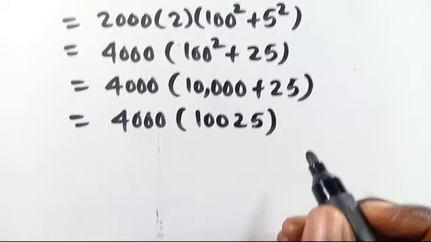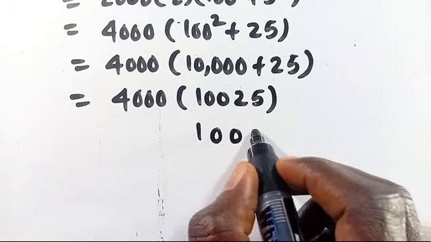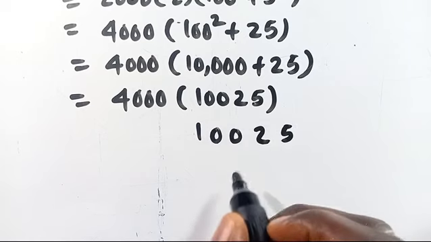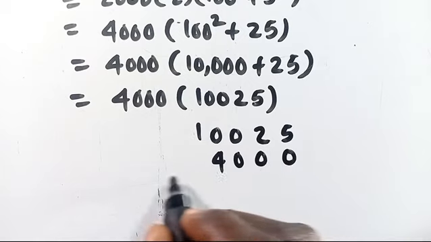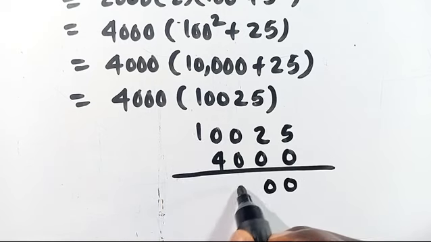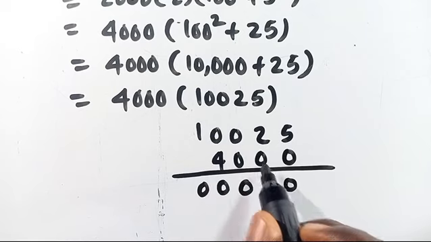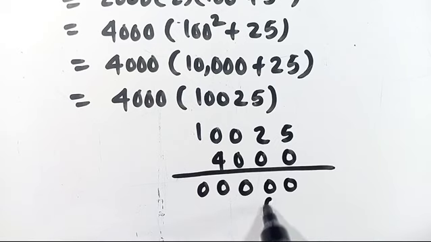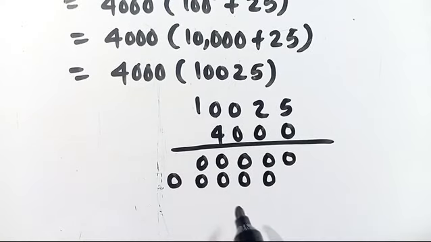Now let us multiply this. We are given 10025 multiplied by 4000. 0 times the whole of this, we're going to have 0, till we reach 5. Again, 0 times the whole of this, you start from here. Again, 0 times the whole of this, you start from here.